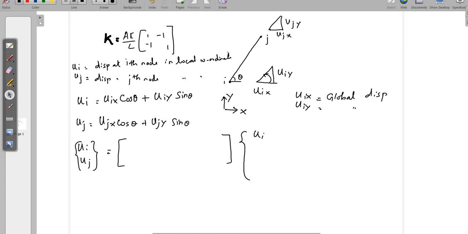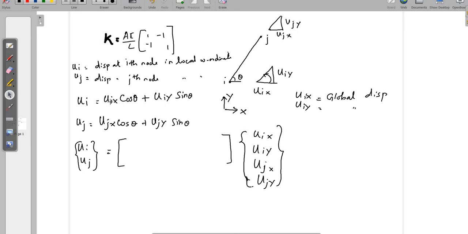So I am ordering the global parameters as capital Ui X, capital Ui Y, capital Uj X, capital Uj Y. These are the parameters that should be in the right side matrix. How can we relate the global coordinates to the local coordinates? It is an interpolation function which relates the local displacement with the global axis displacement.